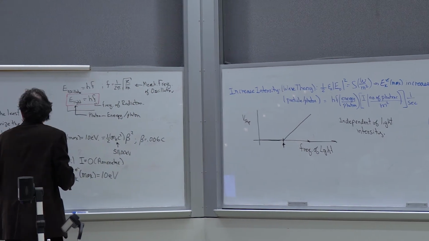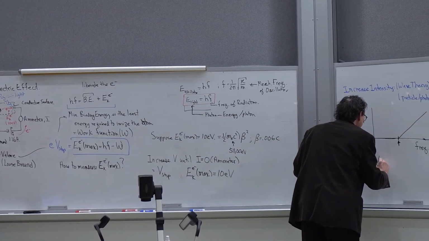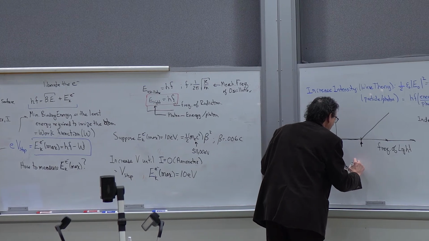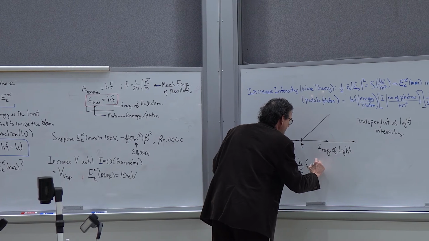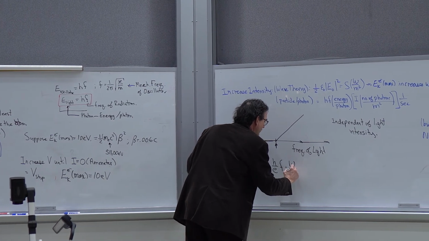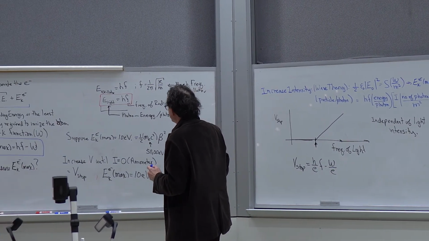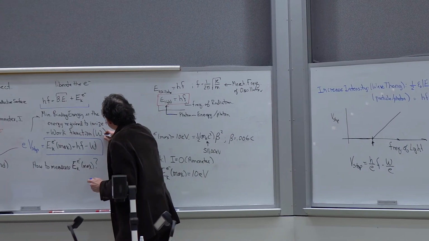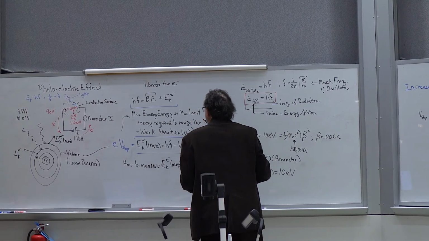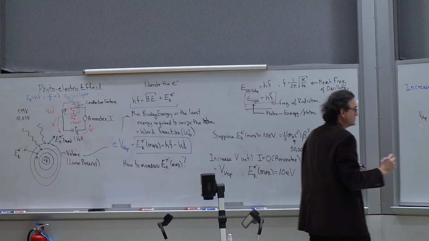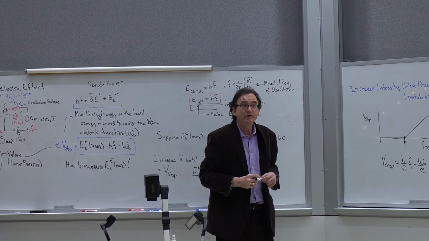So now I solve this equation for V stop equal to h over e times f minus W over e. By the way, in the books you'll probably see this as W sub 0. This W usually has a 0 on it, and so I need to put that in here as well. And this is the equation we have.